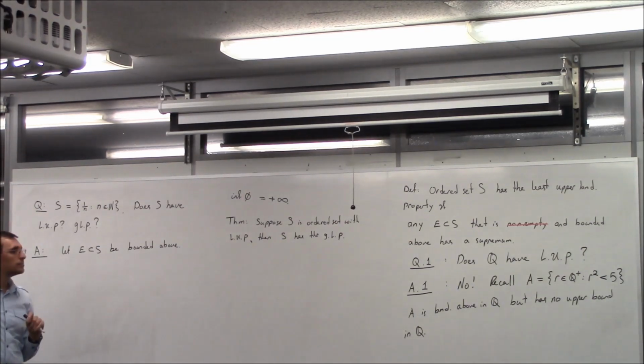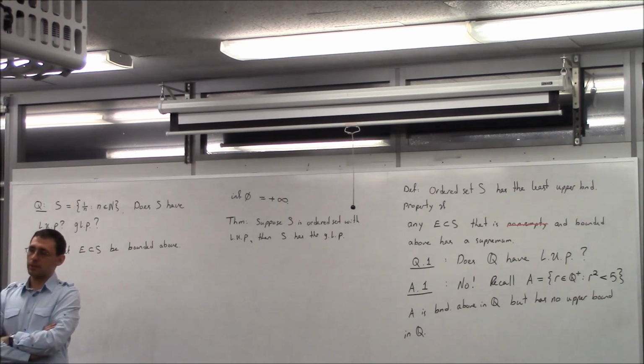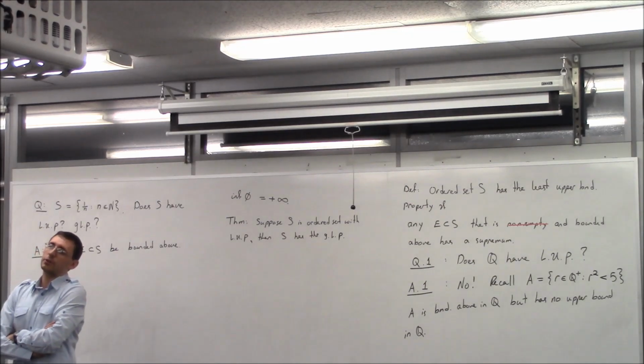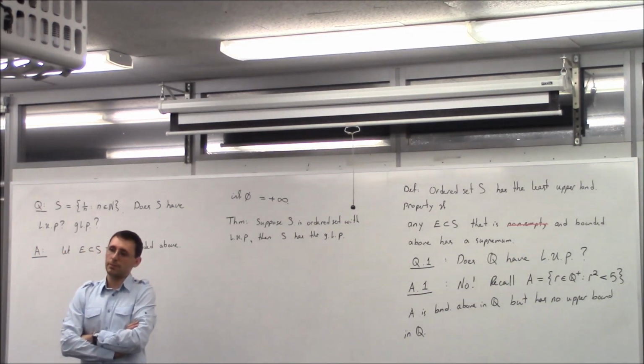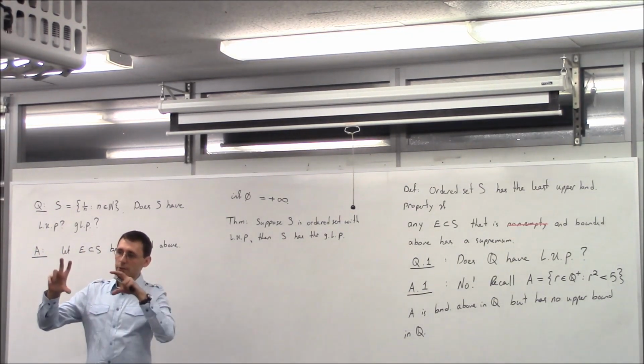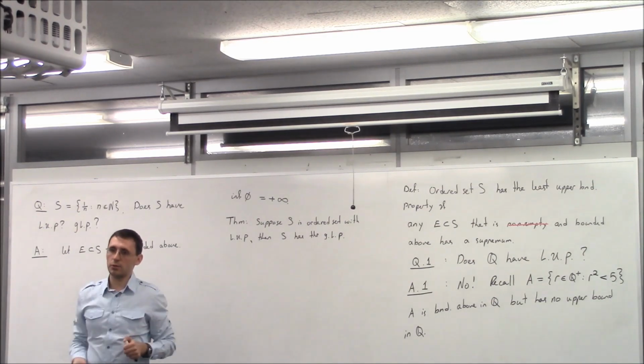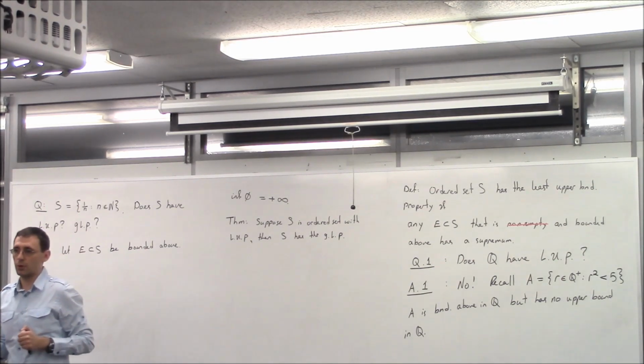Wait, is it that any subset of S has a supremum, or any bounded subset? If you take a non-bounded subset, then it doesn't have to have a supremum. But if I take a subset bounded above, it has to have a supremum. That's the least upper bound property.